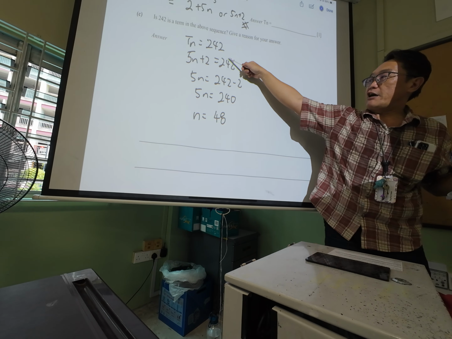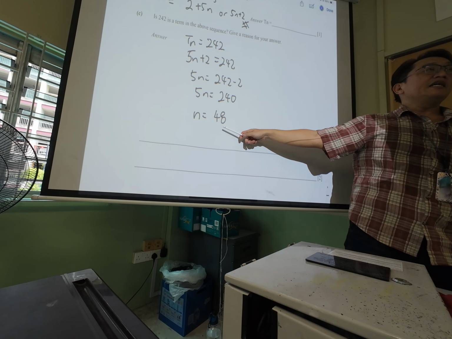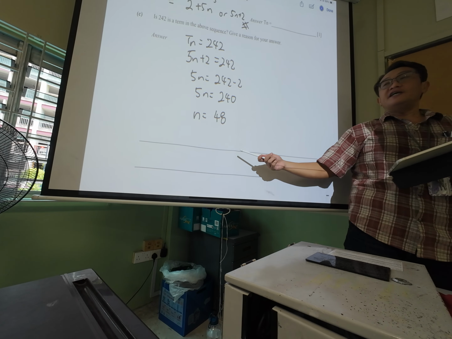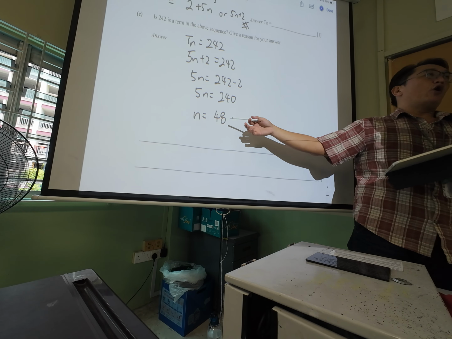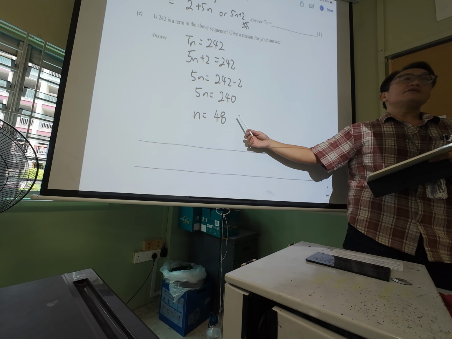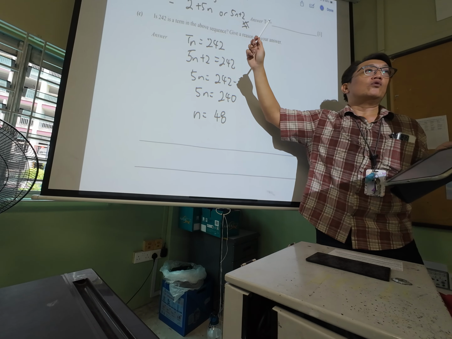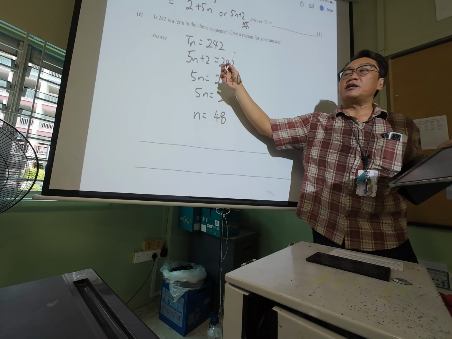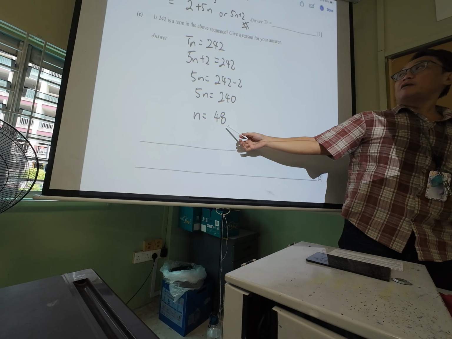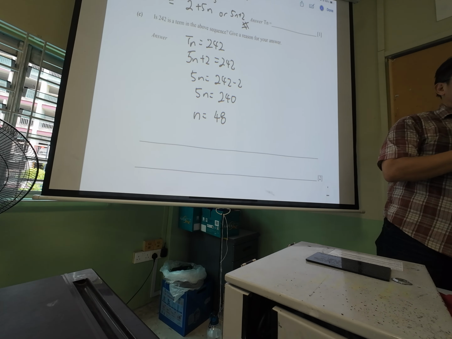If I calculate, this thing come out is 43.7 or 49.2. Anything that is not a whole number means there isn't a term that can make 242. It will be in between terms. So when it is a whole number, that means 242 is a term in the above sequence.